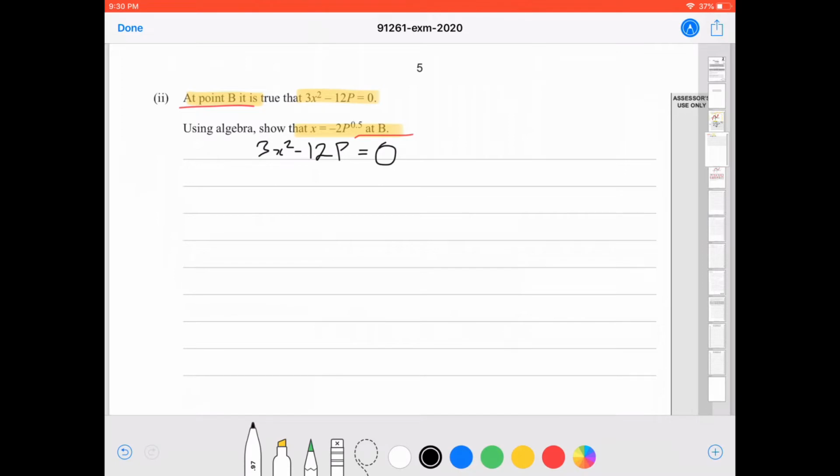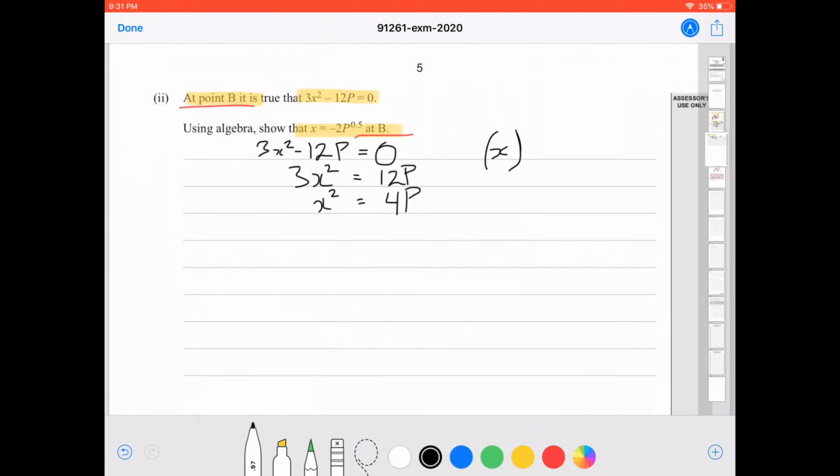So they're asking us to show that x equals minus 2p to the power of 0.5. So here let's just make x the subject and see what happens. So we can say 3x squared equals positive 12p. Let's divide by 3 on both sides, so x squared equals 4p.